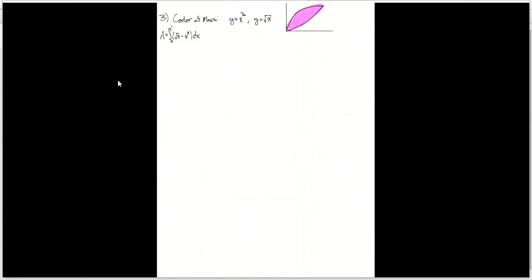So we actually have 0 to 1 as our bounds on our integral, and we can find this pretty easily, right? 2/3 x to the 3/2 minus 1/4 x to the 4th, evaluated from 0 to 1, and this is equal to 5/12, right?